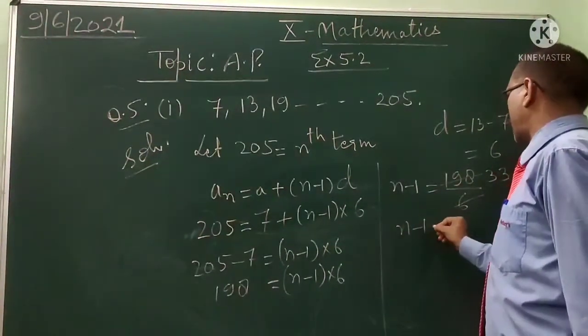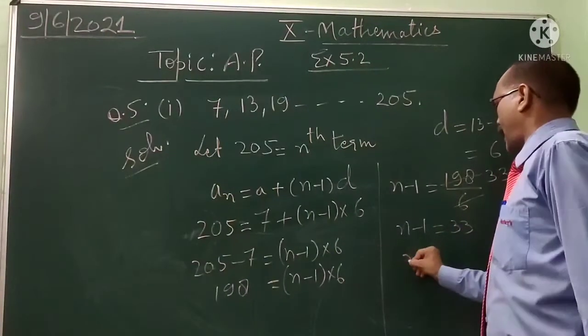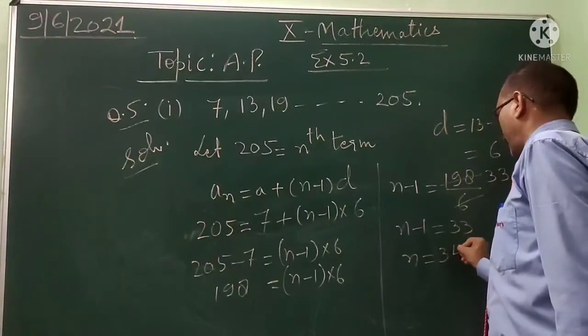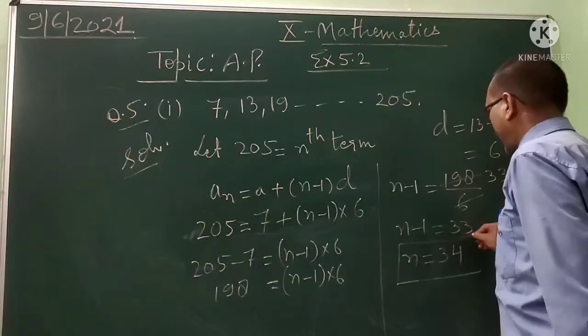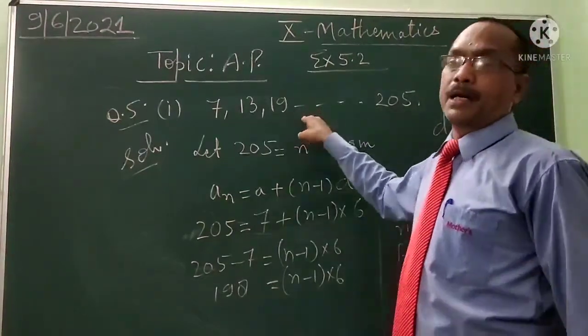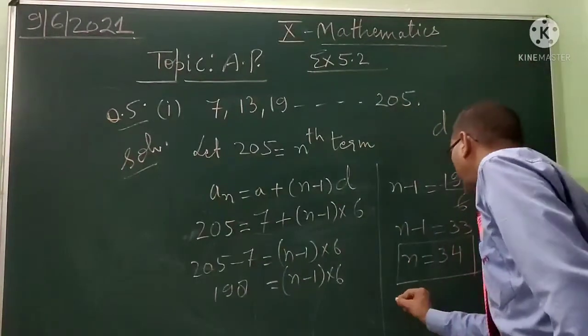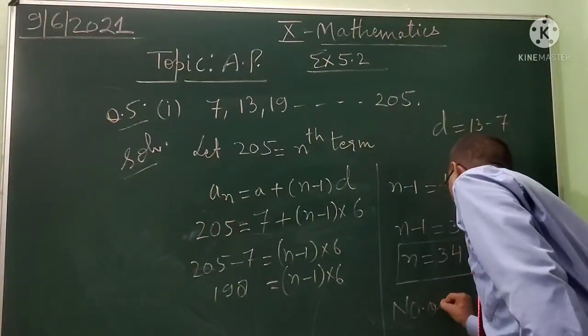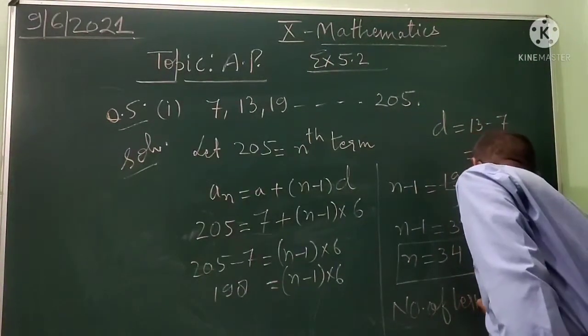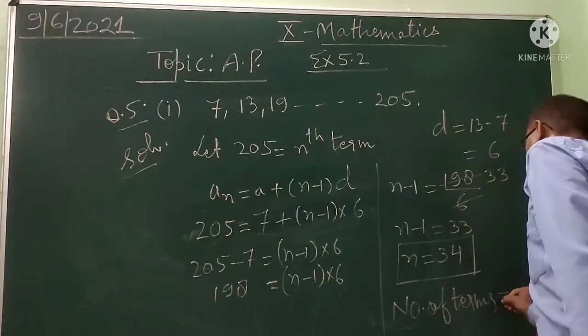So n minus 1 equals 33 and n equals 34. So we can say that this particular sequence has 34 terms. Number of terms equals 34.